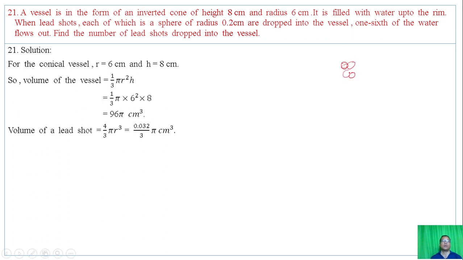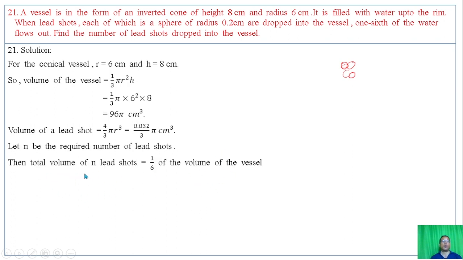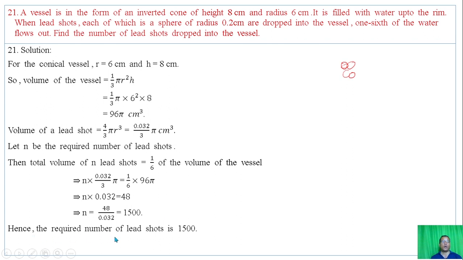Let n be the required number of lead shots. Then the total volume of n lead shots is 1 by 6 of the volume of the basin. Then 1 by 6 of the volume of the basin is 96 pi. Simplifying, we get n. Hence the required number of lead shots is 1500.